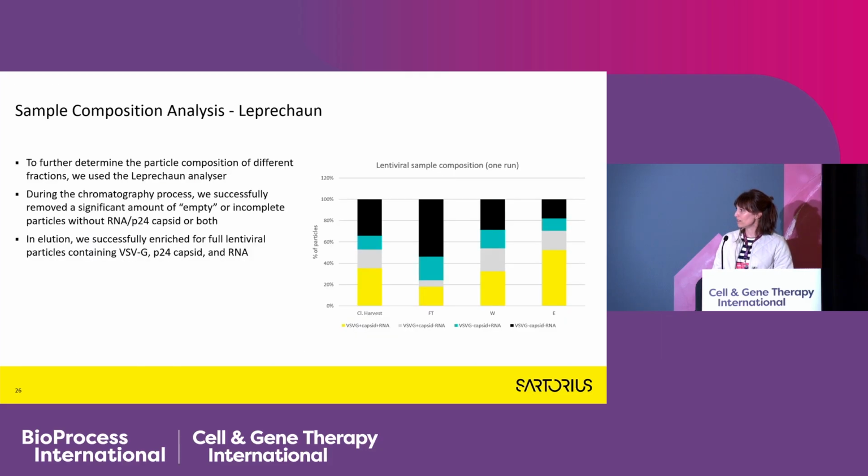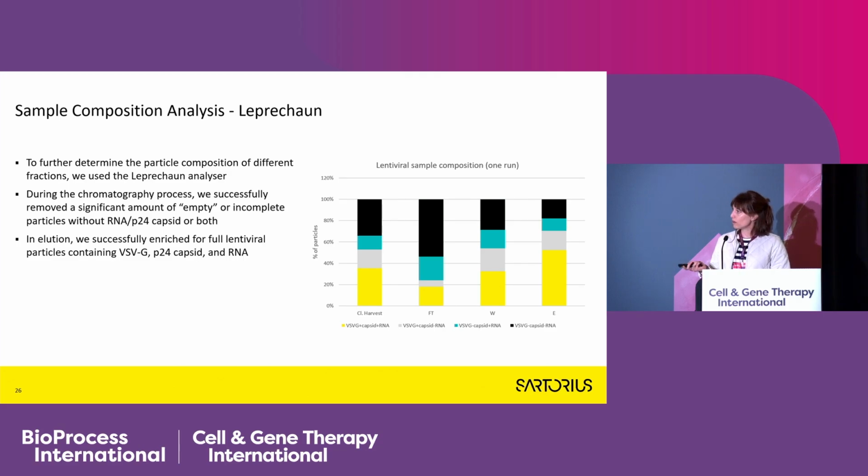You can see the indication, or let's say explanation, here. So we additionally did another analytics, where you basically monitor the presence of 3 very important components of the lentivirus: the presence of VSVG, P24 capsid protein, and the presence of RNA.